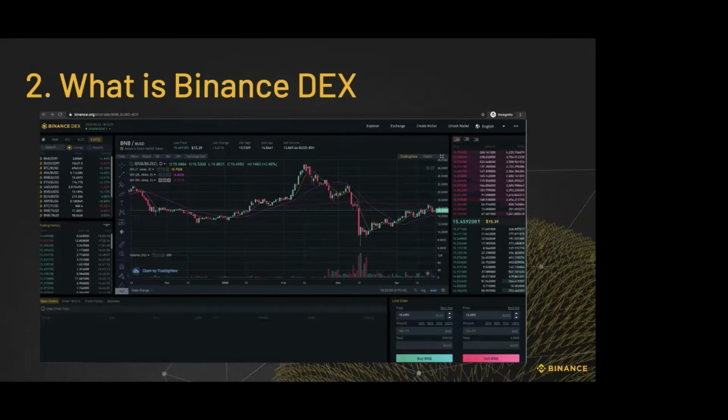Okay, so that's my presentation about a general introduction of Binance Chain, and now we can take a look at the Binance DEX. The primary purpose of Binance Chain is to build only one decentralized application, only one dApp on it, that is Binance DEX.